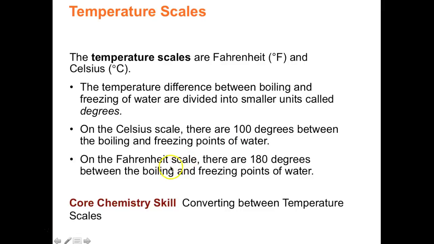On the Fahrenheit scale, on the other hand, the freezing point of water is 32 and the boiling point is 212. So there's 180 degrees between the freezing and boiling points of water.